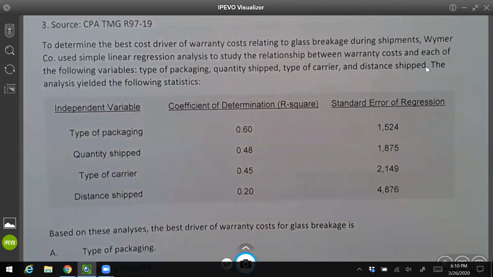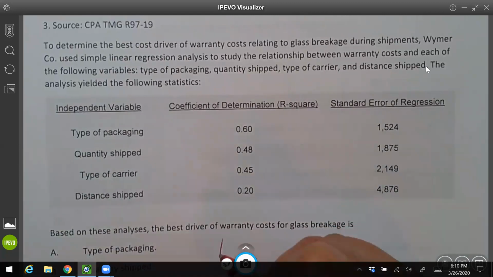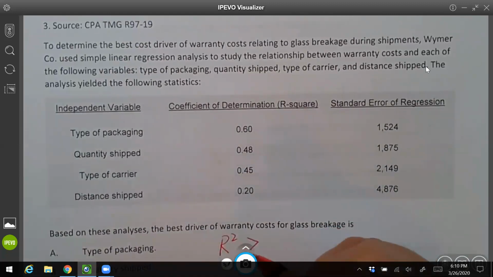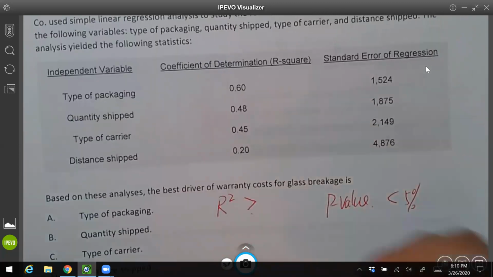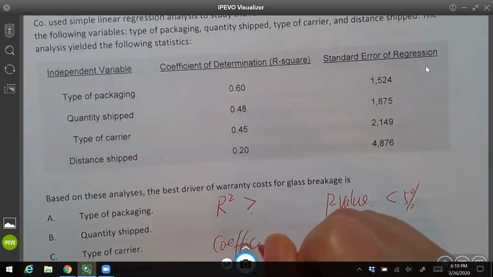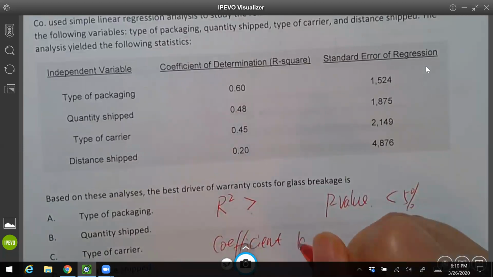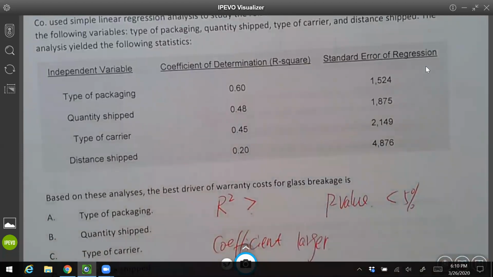We want to look at the R-square; we said larger is better. We want to see the p-value of the coefficient, where smaller is better. Our cutoff is 5%. You also want the coefficient to be larger, because that means it has a stronger impact on your dependent variable.